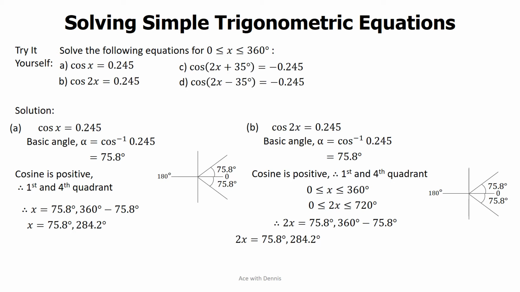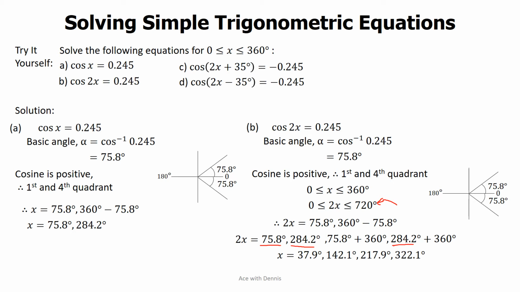It can go up to 720 degrees. Okay, so this is the range for 2x. Therefore, for these two answers, we can add another 360 degrees. So 75.8 degrees plus 360 degrees, and 284.2 degrees plus 360 degrees.